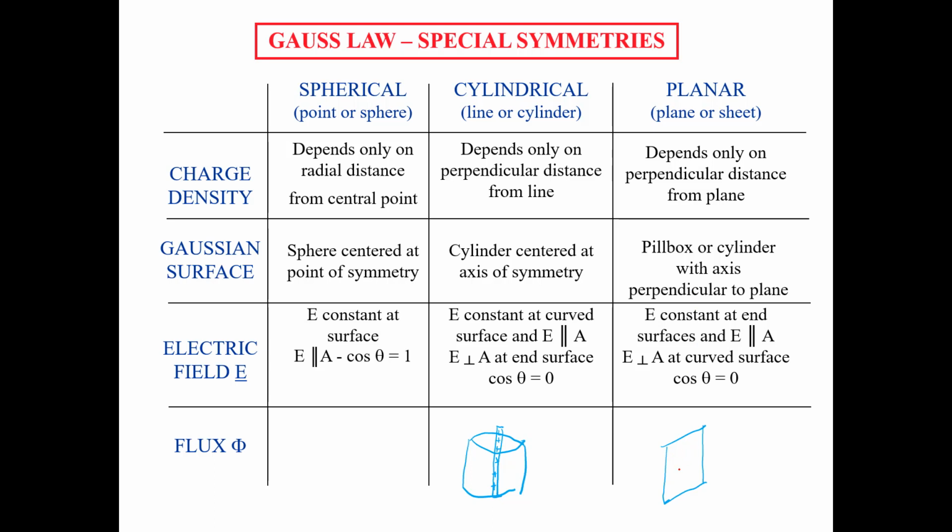So, since our infinite sheet of charge is vertical, then our cylinder should be lying down. Okay? It should be lying down. And then, for example, if your plane is lying down, then your cylinder should be standing up. Okay?